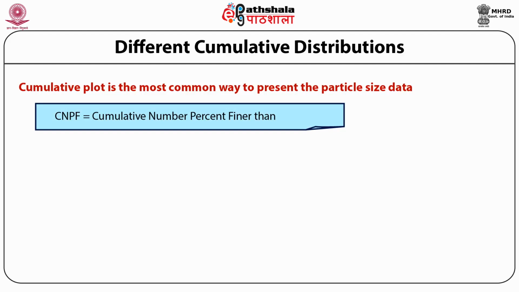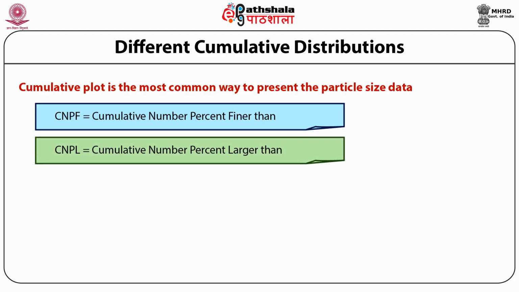If the ordinate is subtracted from 100, then it becomes a CNPL plot, where CNPL stands for cumulative number percent larger than. Depending on the technique used for the determination of particle size, the data may be available as particle diameter versus number of particles, or mass of particles, or volume of particles.